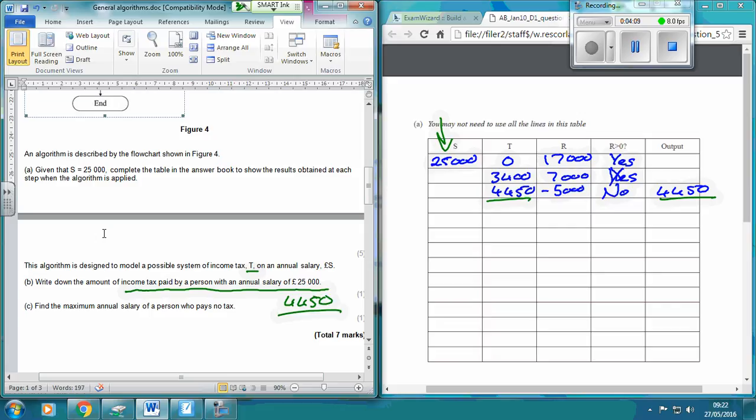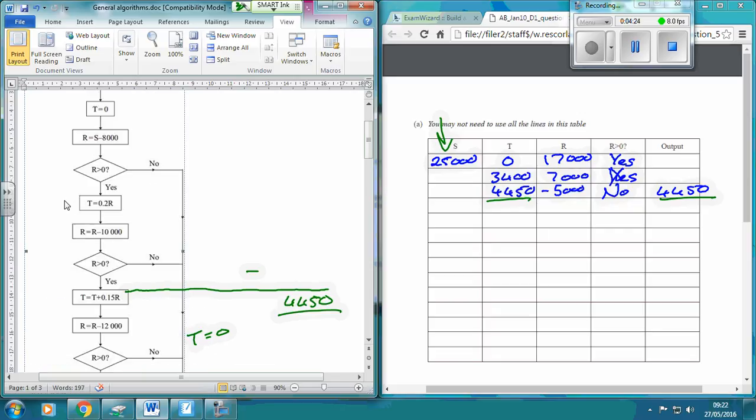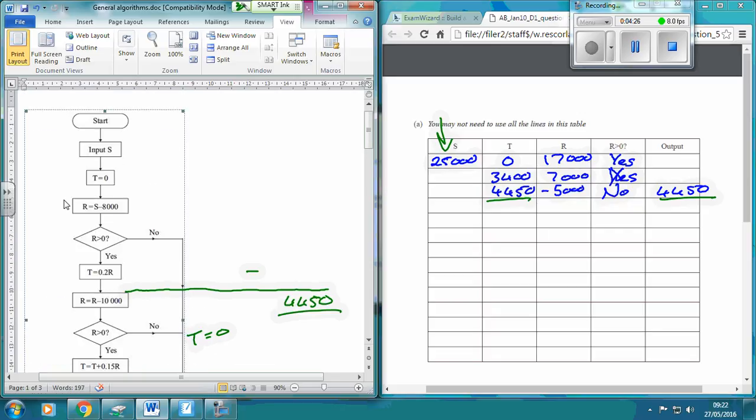So really straightforward. Find the maximum annual salary of a person who pays no tax. If they pay no tax, that indicates that T equals 0. If we have a look at our flowchart back here, when do we start accruing T's?